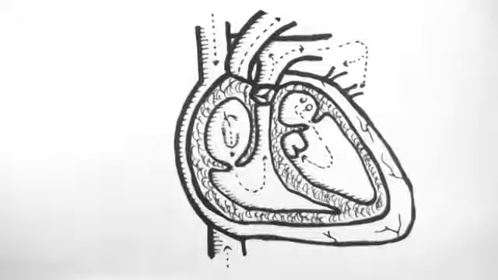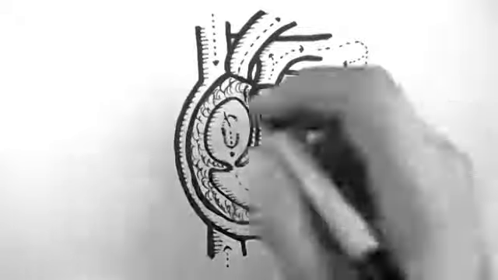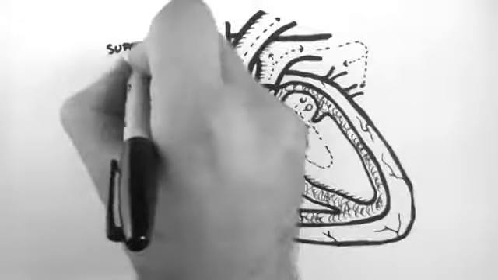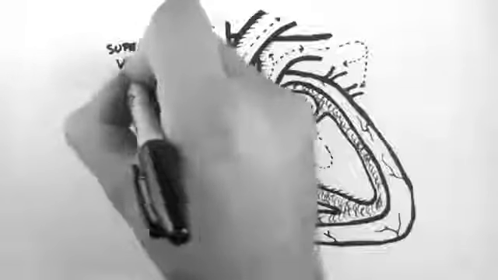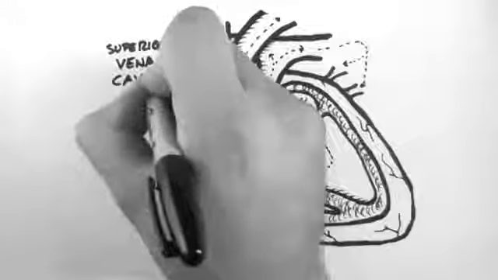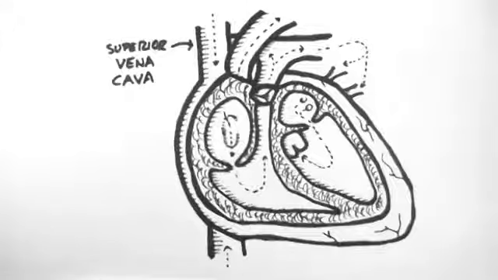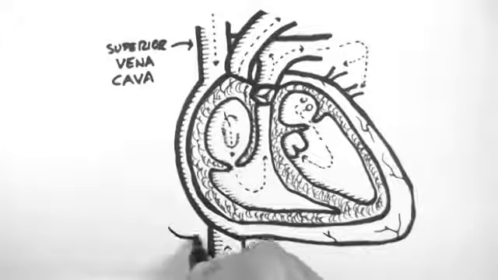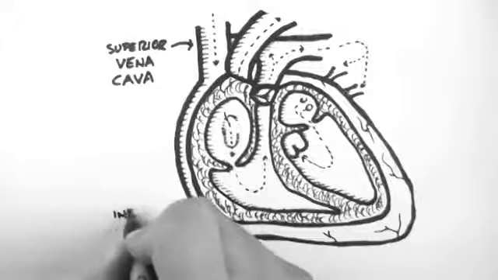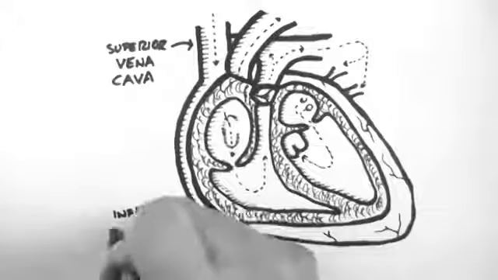Now I'm going to label these vessels now, and the chambers and the valves. So these two vessels are the vena cava. This is the superior vena cava. This is the inferior vena cava.